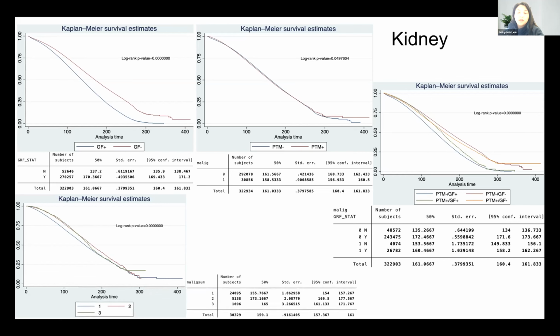But they didn't show overall survival for graft failure and post-transplant malignancy independently. Okay. So this could be the first study looking at the association together. That means it could be really hard to prove. So definitely you have to work in Korea as well, if possible. Of course, it's possible. It's a big project. It's really interesting.